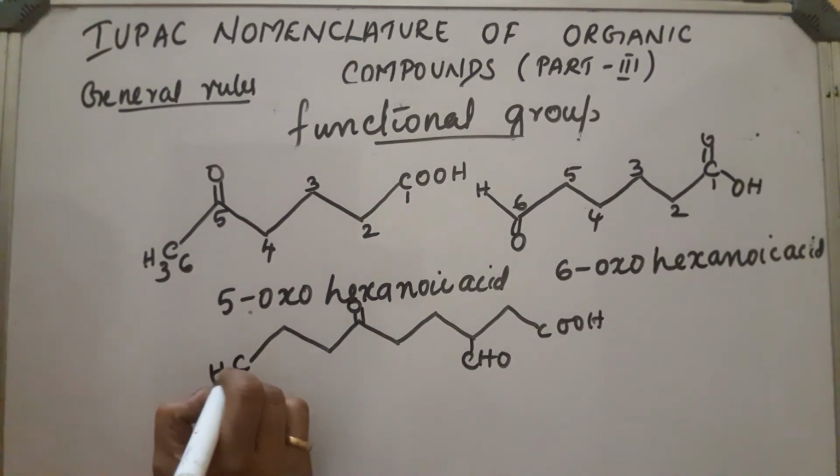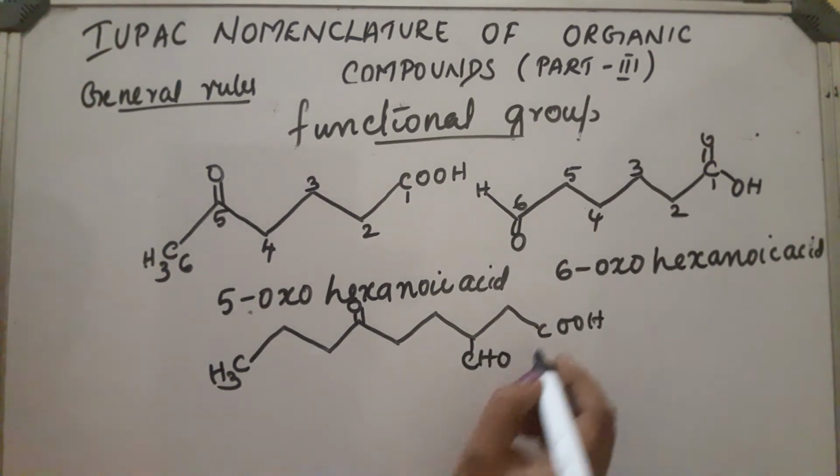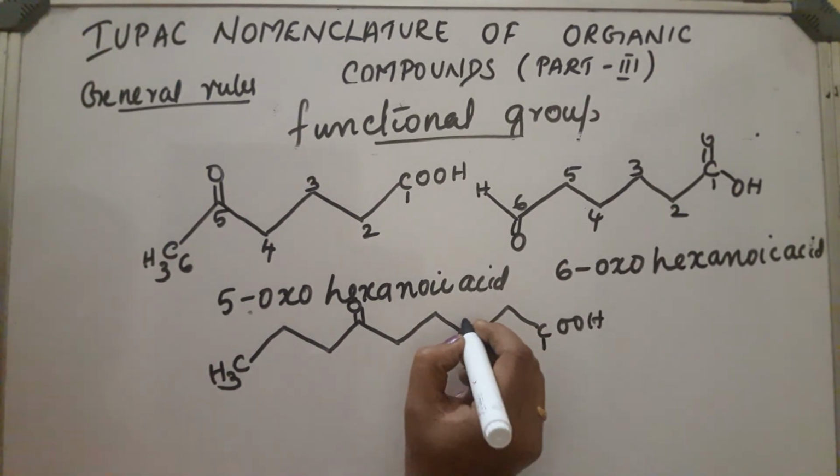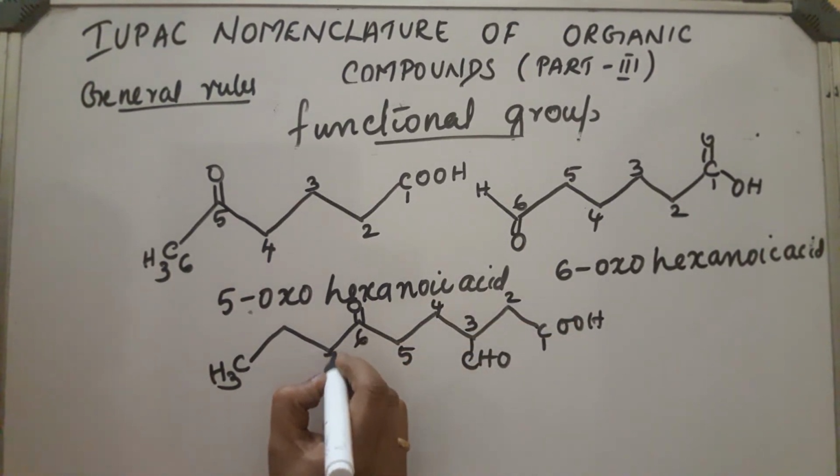So the parent chain is a 9-membered chain, so the parent is nonane. We have to number from here. COOH is the priority group. So 1, 2, 3, 4, 5, 6.